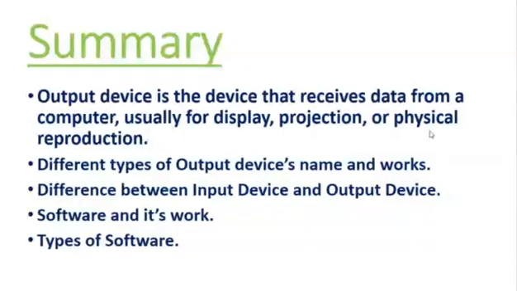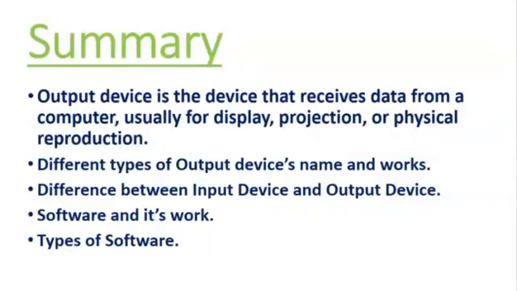After that, we have come to know about the different types of output devices, their names and works. That means the output devices: monitor, keyboard, mouse. These are the output devices. There are more, that is plotter, printer. So we have also come to know about the works of these output devices.